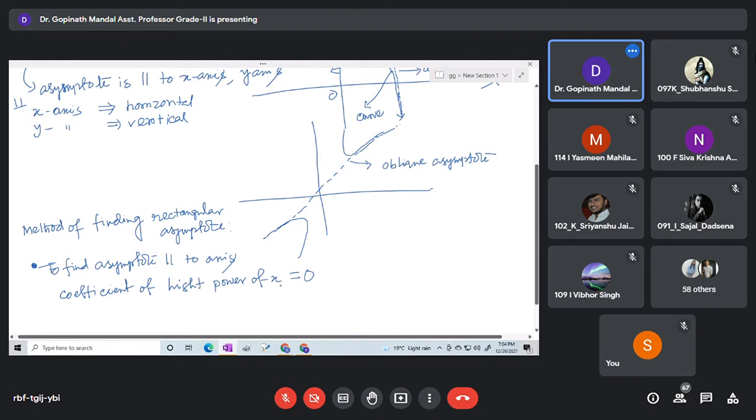That gives us the asymptote parallel to x-axis.